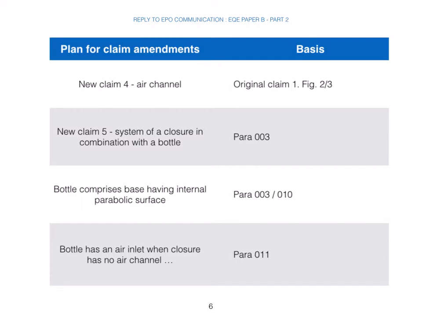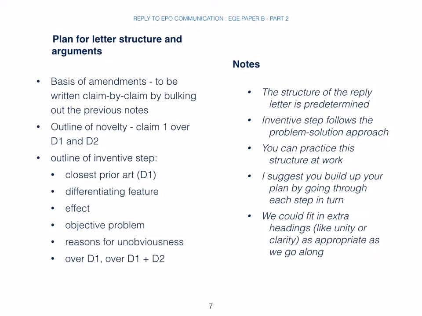Let's now review our plan for the letter structure and arguments. The reply letter will start with the basis of amendments to be written claim by claim later, or by bulking out the previous notes.